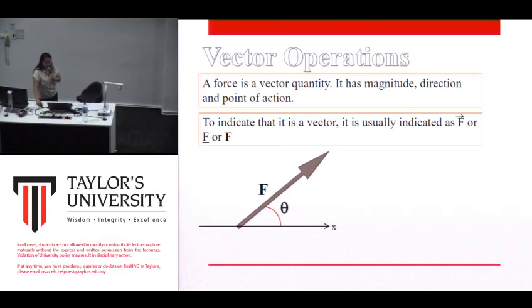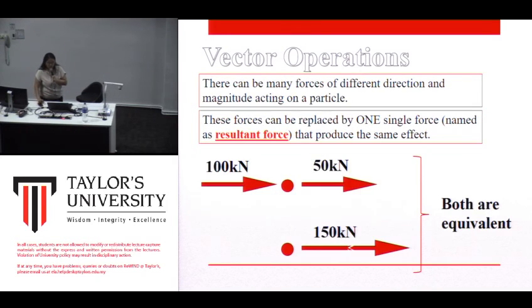Point of action: this force acts at which point? That is also very important for force. To indicate that it is a vector, it is usually written as F with an arrow on top, underlined or bolded.